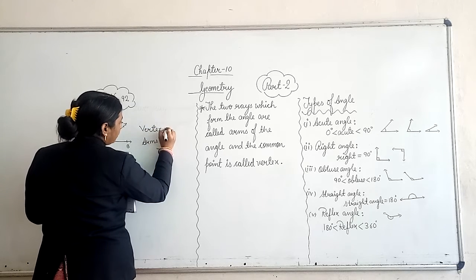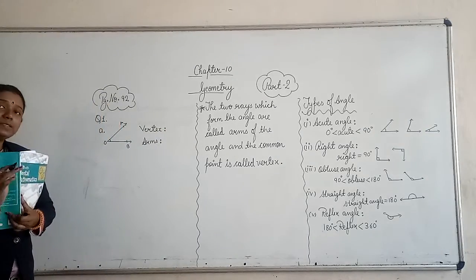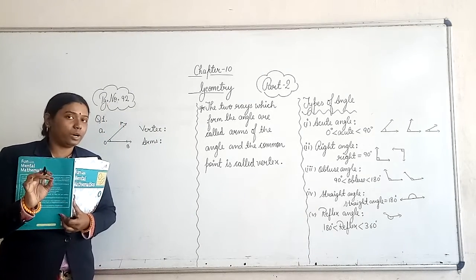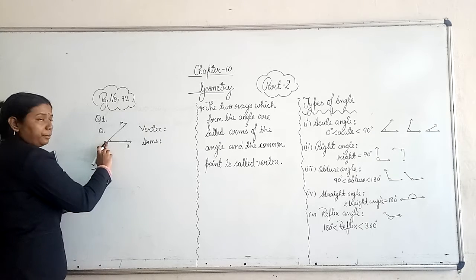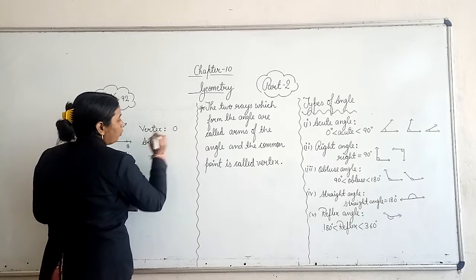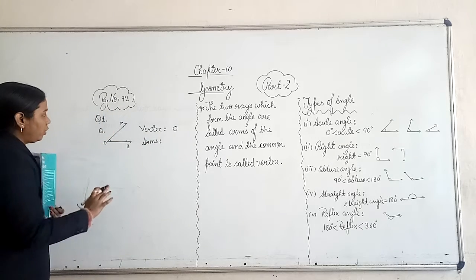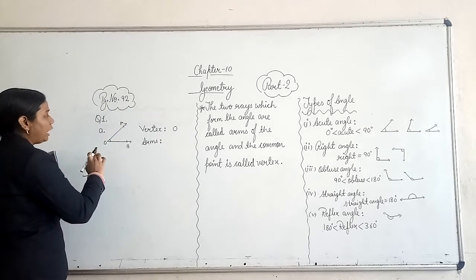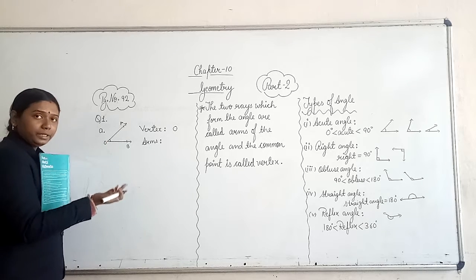Okay. Now look over here. As we all know, the common end point is called a vertex. So what is the common end point? Here it is O. So the vertex of this angle is O. Clear? Now arms are the rays which are forming the angle.